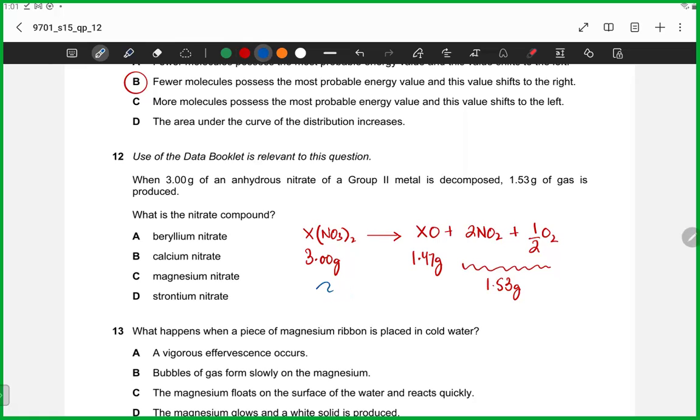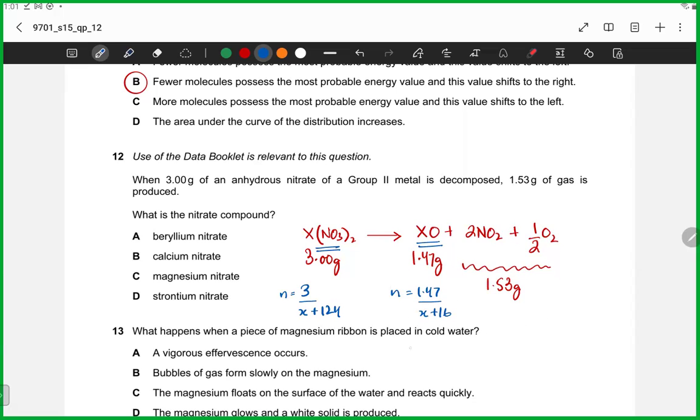Okay, so now what you're looking for is that you need to find what X is. The way you can find this is that both of these will have the same moles, right? It's 1:1. So the moles of this would be 3 divided by, you don't know what X is, X plus 124, since X(NO3)2 is X plus 124. And the moles of XO are basically mass divided by molar mass. It's 1.47 divided by the molar mass, so it's X plus 16. So you need to solve this now because both of these moles are going to be exactly the same.